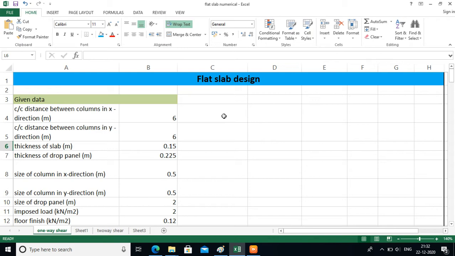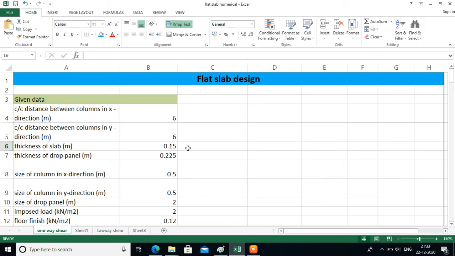I have selected the panel of the continuous slab which satisfies all the requirements of direct design method. So the details of that particular panel: the center to center distance between the columns in x direction is 6 meter. Also it is going to span in y direction. The center to center distance of columns in y direction is also 6 meter.